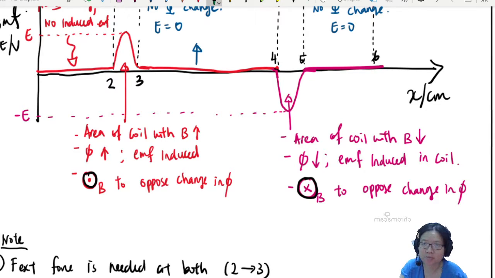So, this one will be a bit distorted. So here would be a bit lower. And then all of the graph will be lower. And then here will be even lower, and then even lower some more. So this green graph here is if there is no external force.